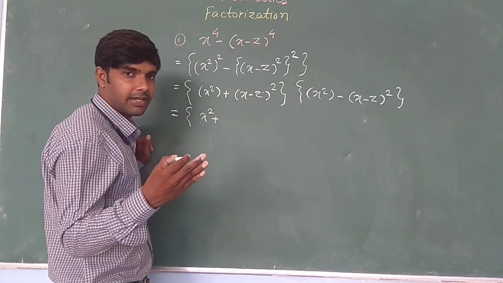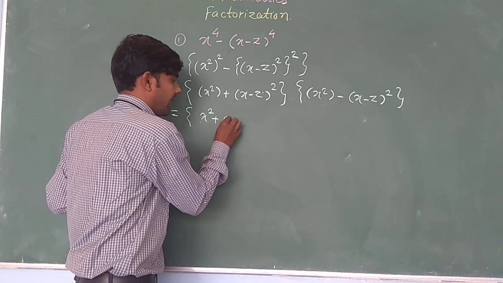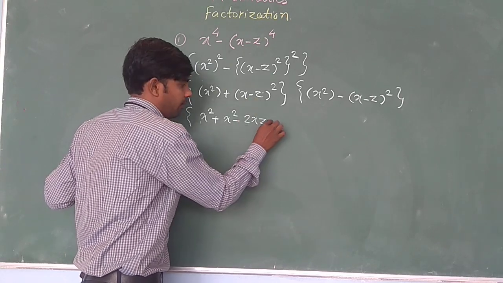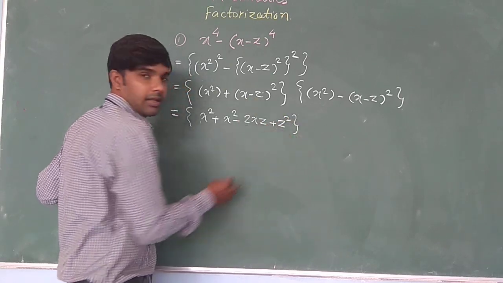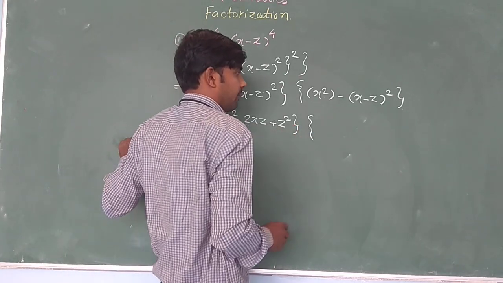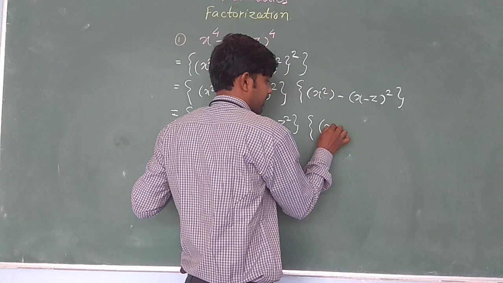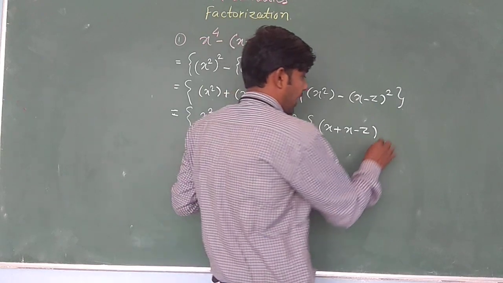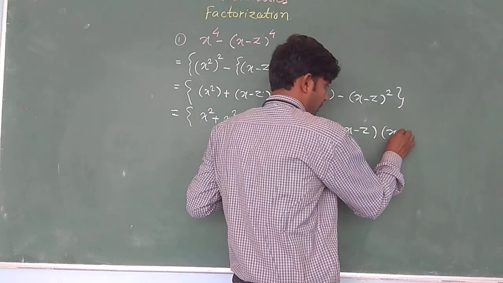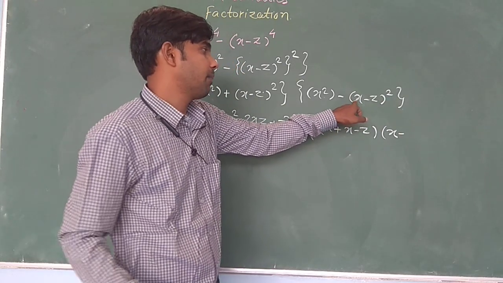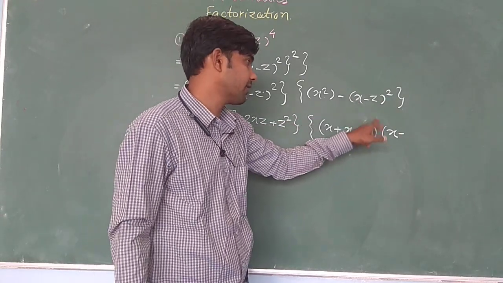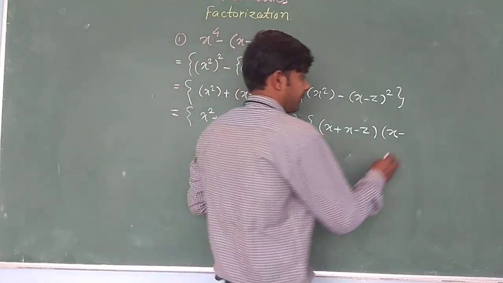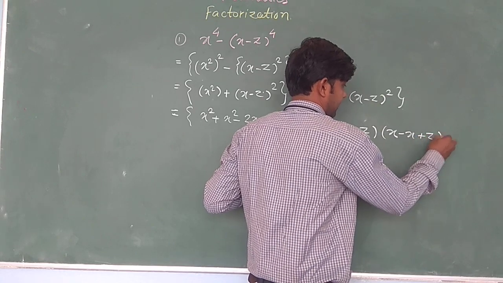By using the second identity, we get x square minus 2xz plus z square. And here, by using the third identity, a plus b, a minus b: x plus (x minus z), and another bracket x minus (x minus z). We have to change the sign because we are subtracting this term from x, so x becomes minus x and z becomes plus z.